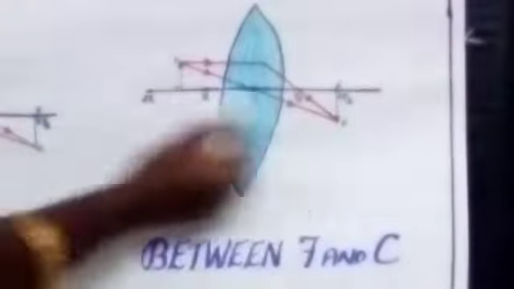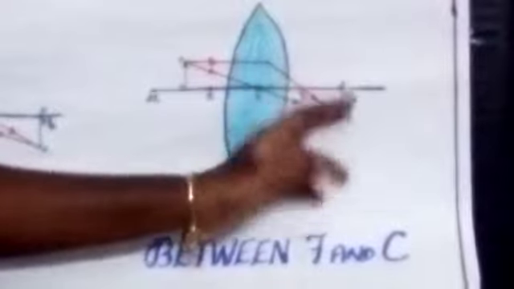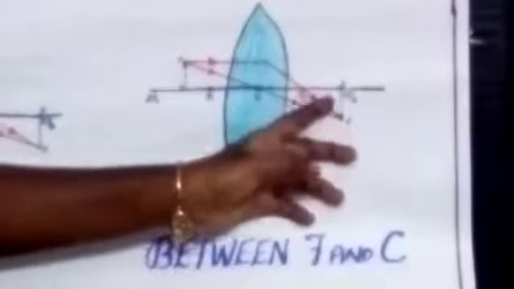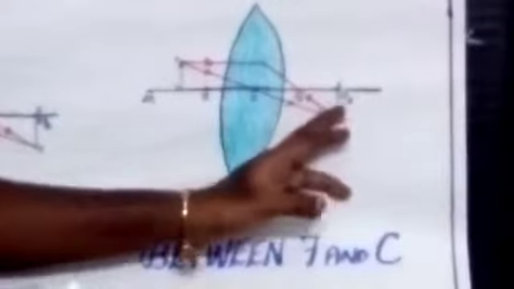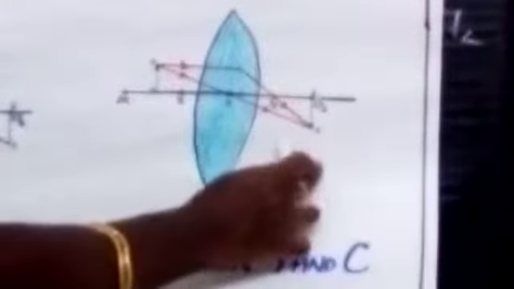So where can we get the image? The image is formed beyond 2F2. So when the object is placed between F and C, we can get the image beyond 2F2. When we compare that image with the object, the size of the image is larger.